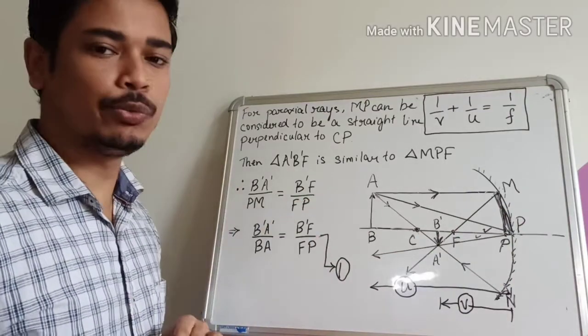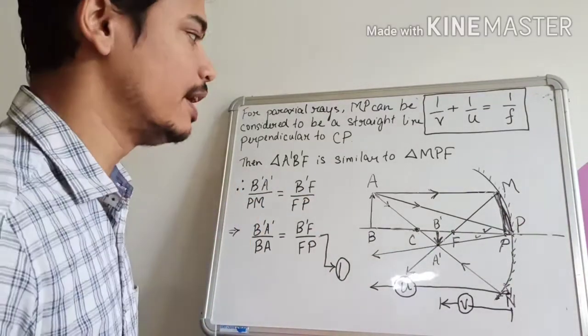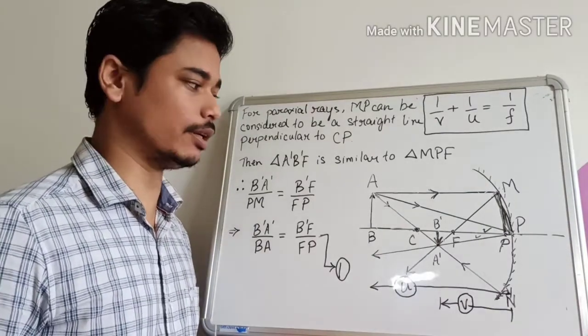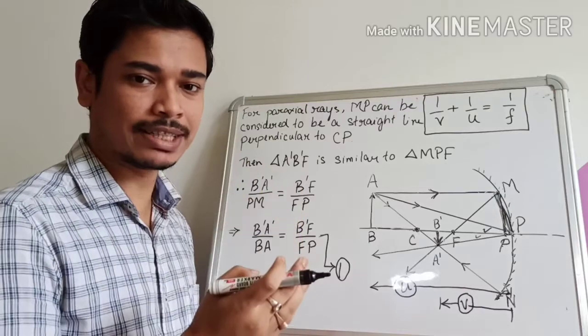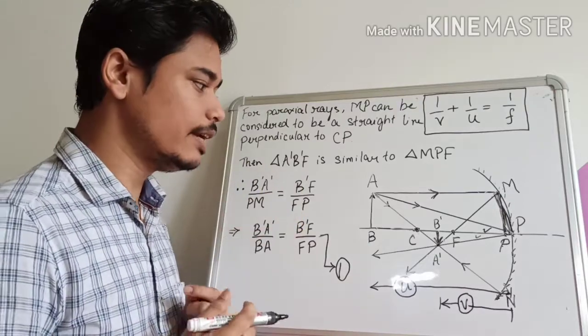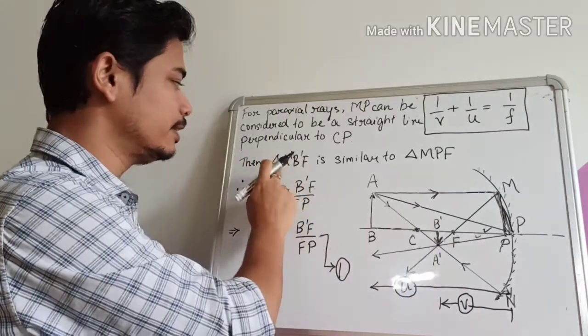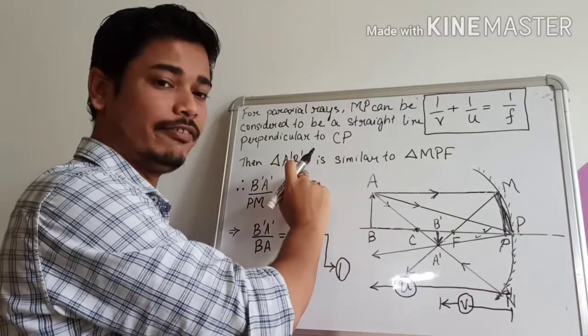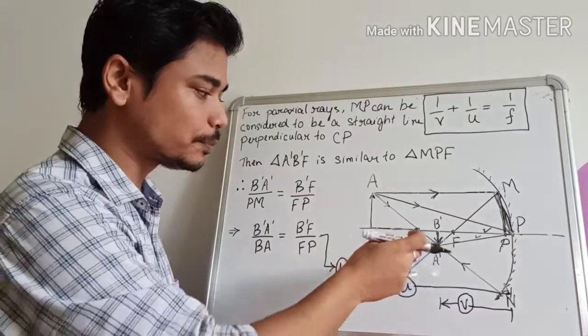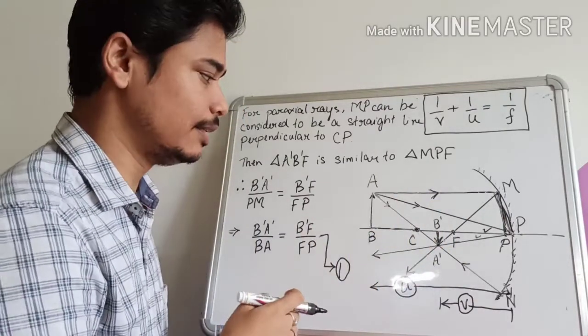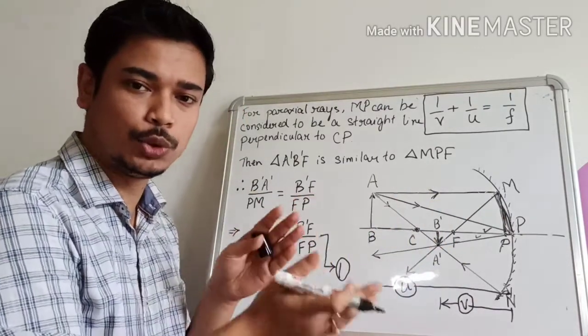So for that case, we are going to write the similarity condition. Now how do we write the similarity condition? While writing the similarity condition, we just take the ratio of the corresponding sides for the two triangles. Here we have written triangle A'B'F is similar to triangle MPF. So for these two triangles, we must take the ratio of the corresponding sides of the two triangles.